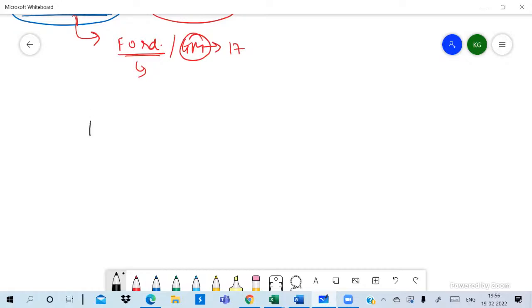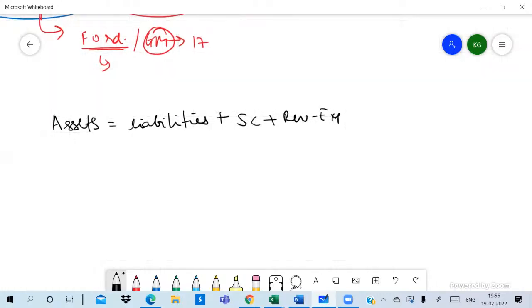And the accounting equation says assets is equal to liabilities plus share capital plus your revenues minus expense. And revenues minus expense is typically nothing but your reserves and surplus.